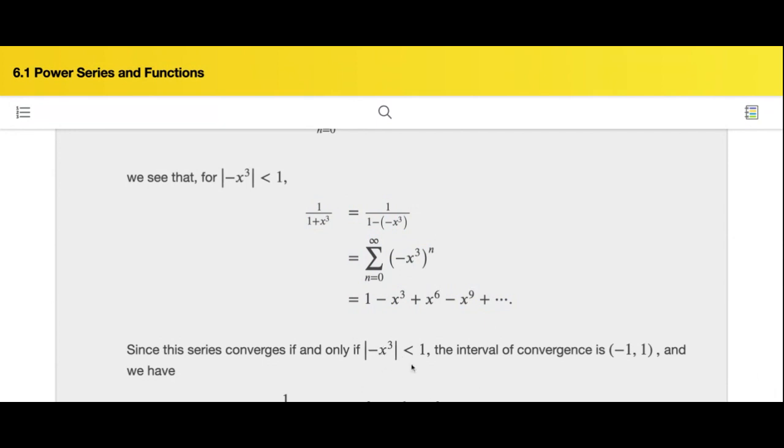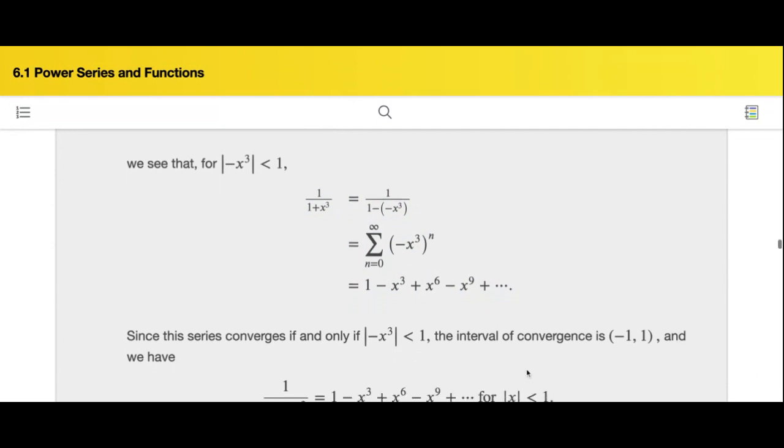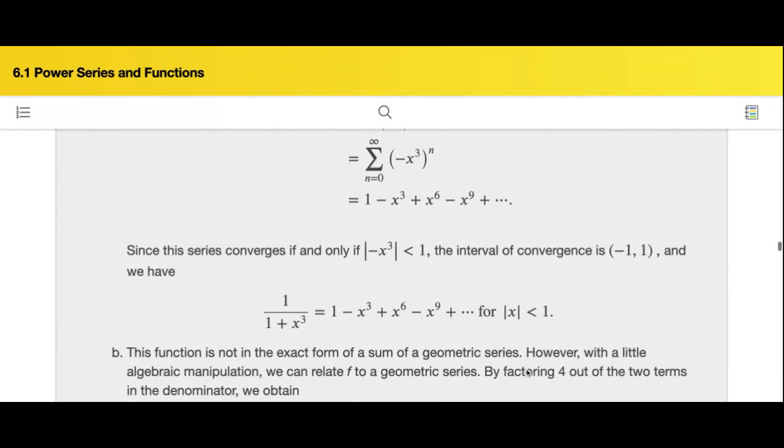So absolute value of negative x cubed less than 1 means absolute value of x less than 1, which means the interval of convergence is negative 1 to 1, right?